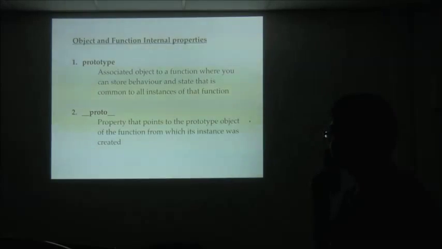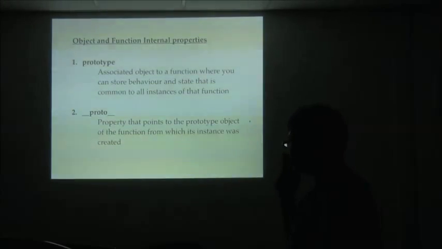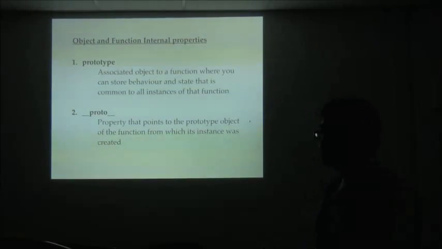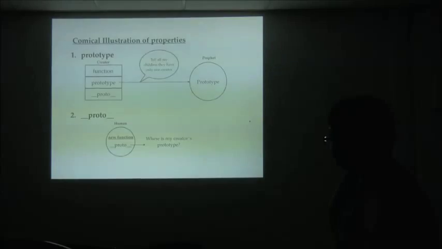That's basically what a prototype is. Proto, on the other hand, is a property that points to the prototype object. So this is just really formalities, and I have an analogy in the next slide that will help you better understand this. Yeah, and this is just a definition. You can read it if you want, but let's go into the example, right? So this is a comical illustration of these properties, and it'll probably help you understand it a lot better.